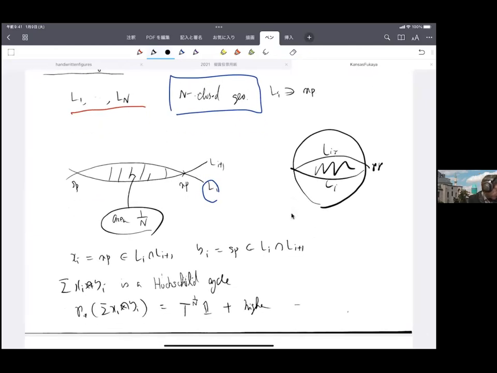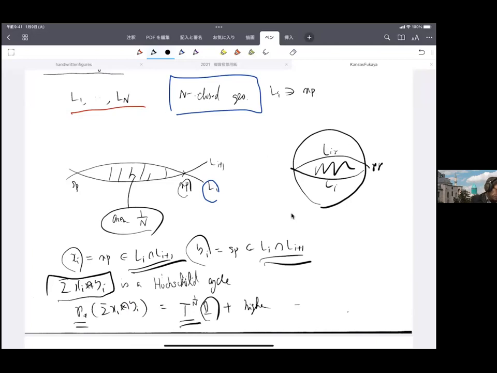And this pole is regarded as the intersection xi, and yi. We take the sum over xi tensor yi, and one can see that this is a Hochschild cycle, and its image by the open closed map is 1 times t to the power 1 over n. So this is not yet a generator, but it is 1 over n close to the generator. And if you take all these S1, that means n goes to infinity, then you obtain the generator.